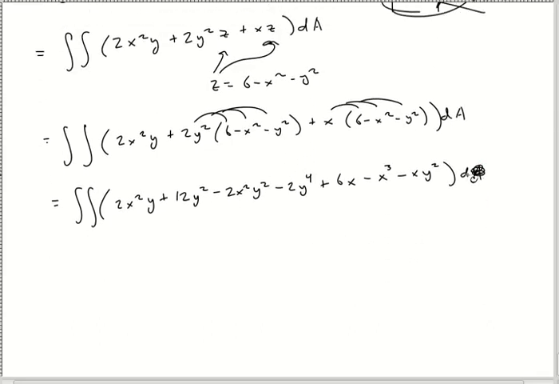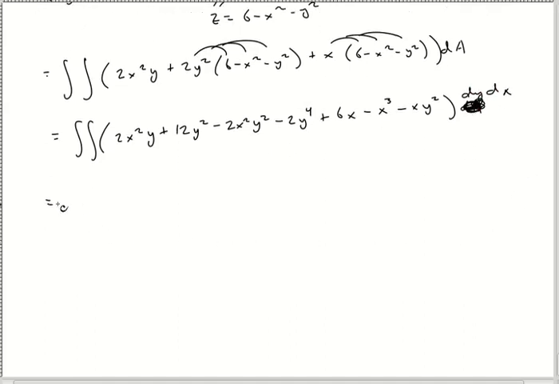Let's not do dA. Let's do dy dx. That'll probably be better. And dy dx is easy because it's just 0 to 1, 0 to 1. They already told us that. So let me go ahead and do my first integral. In terms of y, this is staying 0 to 1.